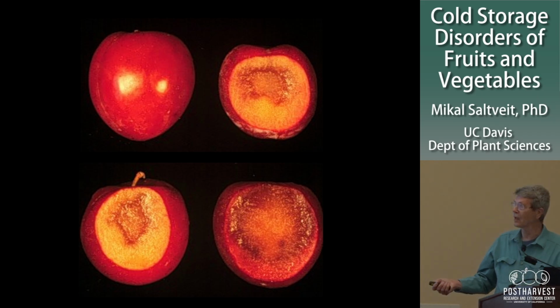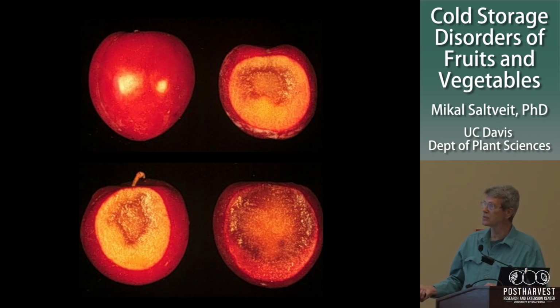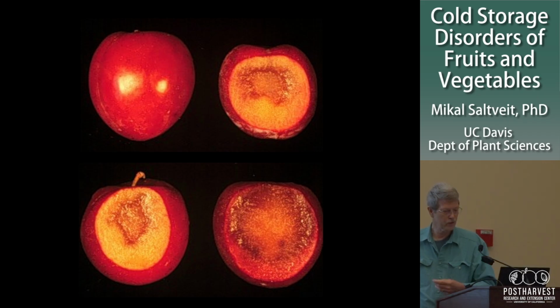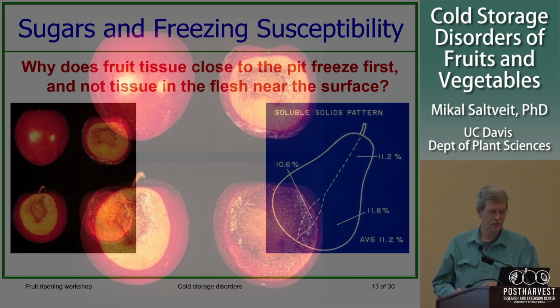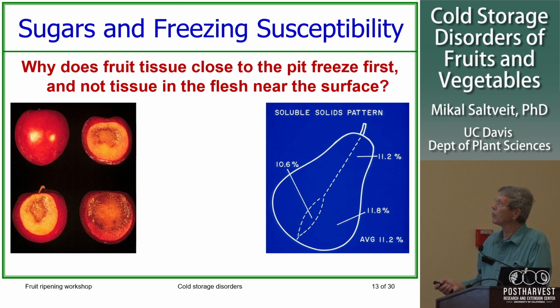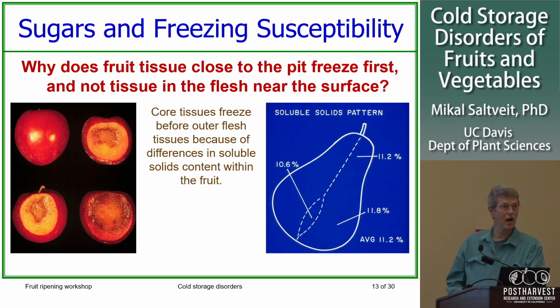The whole thing can be at the same temperature, but because of the greater sugar concentration in the pulp near the skin, it won't freeze, but the tissue near the seed, having a lower concentration of solute sugars, will freeze first. So here you see a pear, for example, soluble solid content. It's 10.6 right here, so that would freeze before this flesh would freeze because it has a higher concentration of soluble solutes.